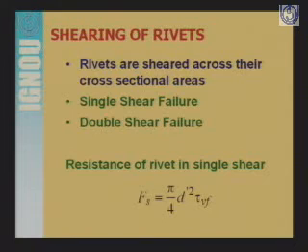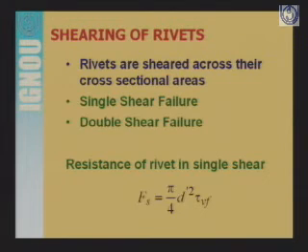If this is a single rivet, then under the load this rivet may be sheared off, and this shear failure of the rivet may be of two types: single shear failure, if the rivet fails at one cross section, or double shear failure if the rivet fails at two cross sections.